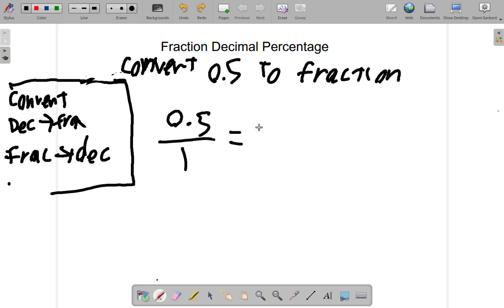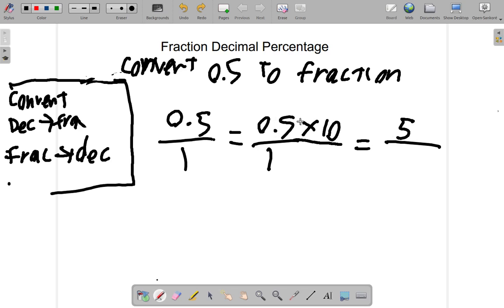Well, you could very well multiply by 2. 0.5 by 2 is actually 1. And if you multiply up here by 2, you must multiply down here by 2 as well. But let's not do that. This is 0.5 over 1. Let's say, and this is a standard rule which applies in every case like this, you multiply it by 10. Up here you will have 5.